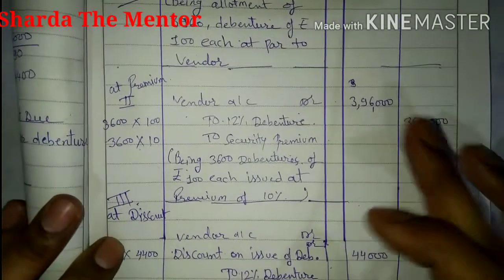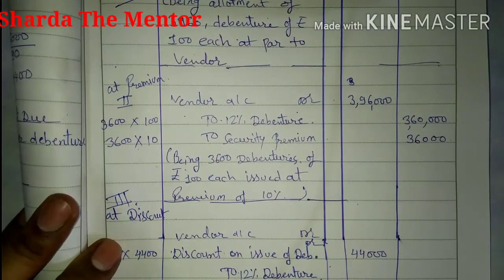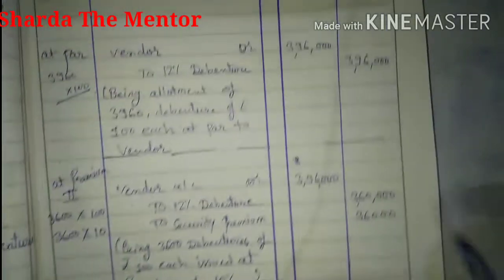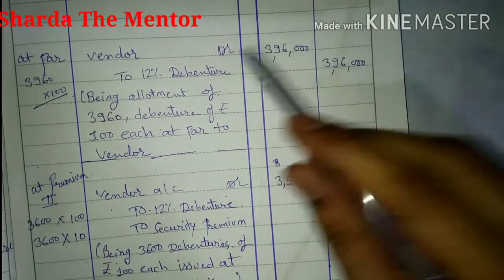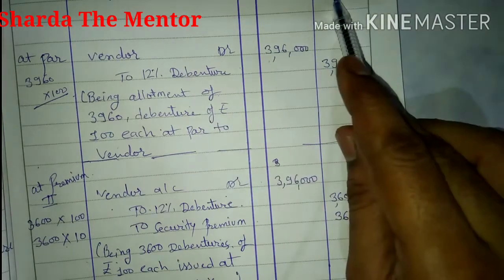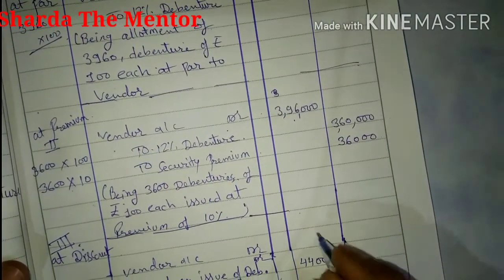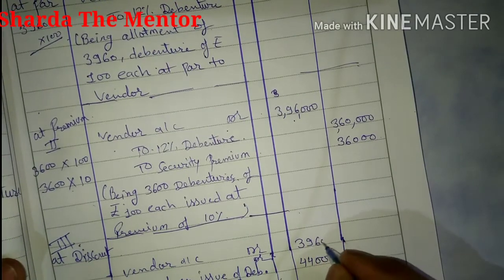And in both the cases it is easy to find, but in that case the vendor you can see, in the first condition 3,96,000, that amount remains the same that you have to pay to the vendor. In premium account it is also the same, so easily you can mention here 3,96,000.